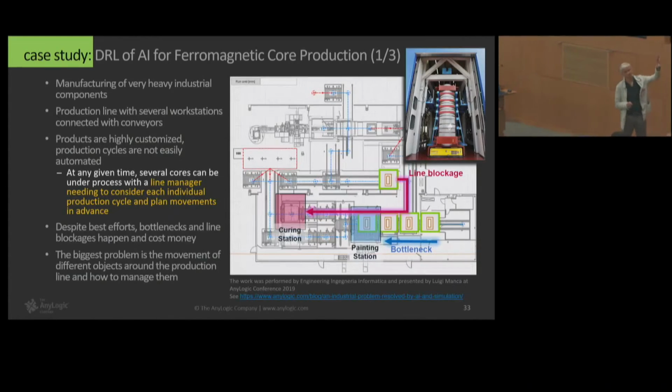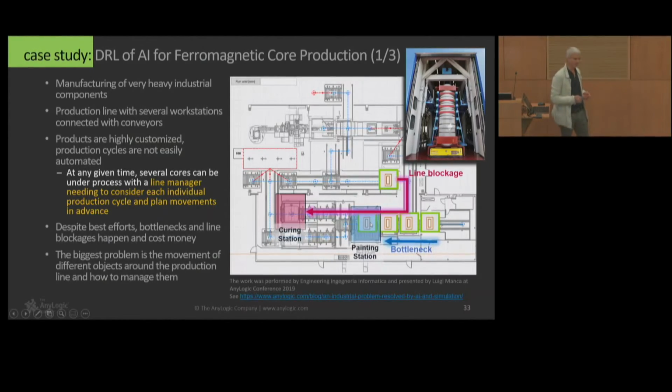So you have a facility where they manufacture ferromagnetic cores. And these are really heavy, probably tens of tons. You need to move them around this facility, and there can be bottlenecks because to move something from here to here, you probably have to clear that spot, which is currently taken by another core.